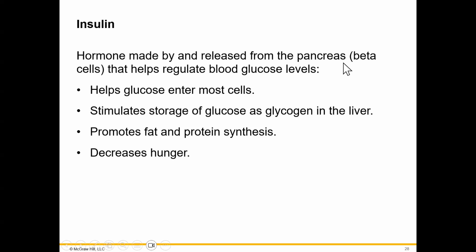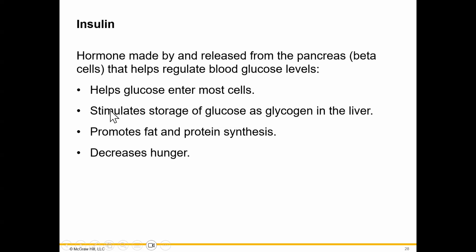Insulin is produced in your pancreas through these specialized cells called your beta cells. And insulin has multiple functions. Helping glucose enter the cells is only one of those functions.